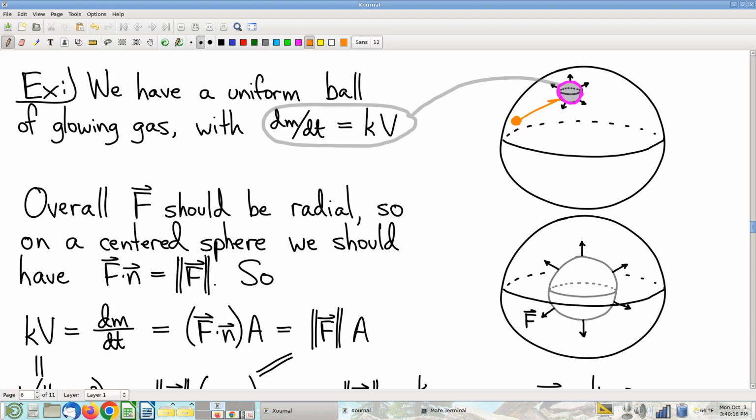When photons first hit the sphere, they're going inward through the surface. But then they keep going, and then over here, they go outward through the surface. So at any given point in time, there's just as many photons going out through the surface as there are going in through the surface.